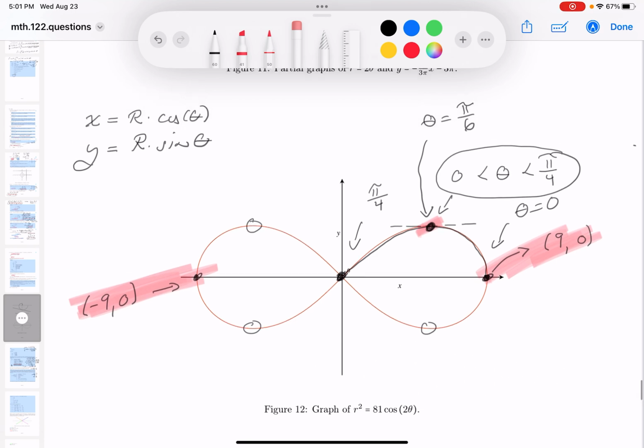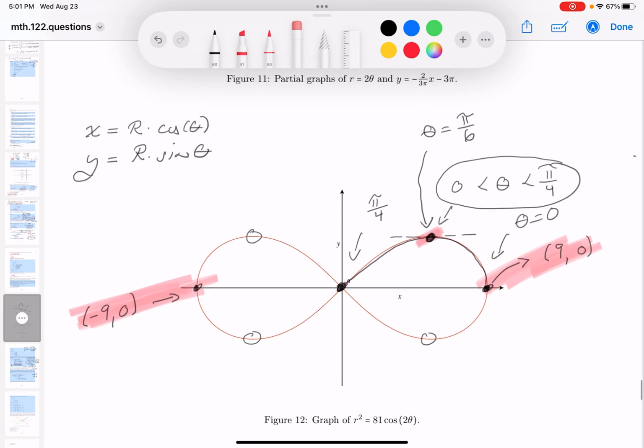Let's see what else I'm done looking at. Yeah, most of it I'm done looking at. Let's write this down. So r equals 9 square root of cosine of twice theta. And this is what theta is. That's going to be pi over 3.